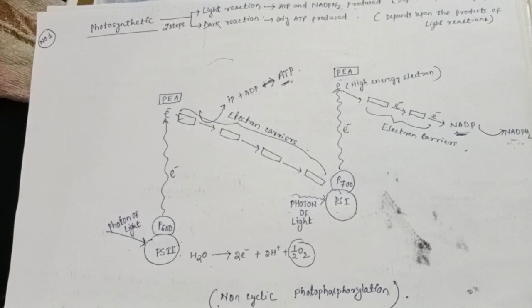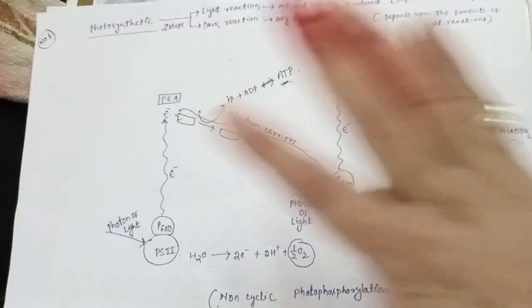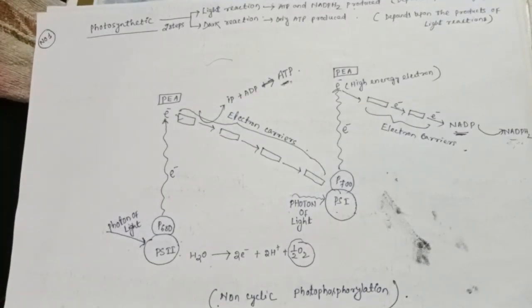Then what is phosphorylation? The addition of inorganic phosphate to ADP to make ATP is named phosphorylation, and this occurs during the flow of electrons. Since this phosphorylation takes place in the presence of sunlight, it is named photophosphorylation.